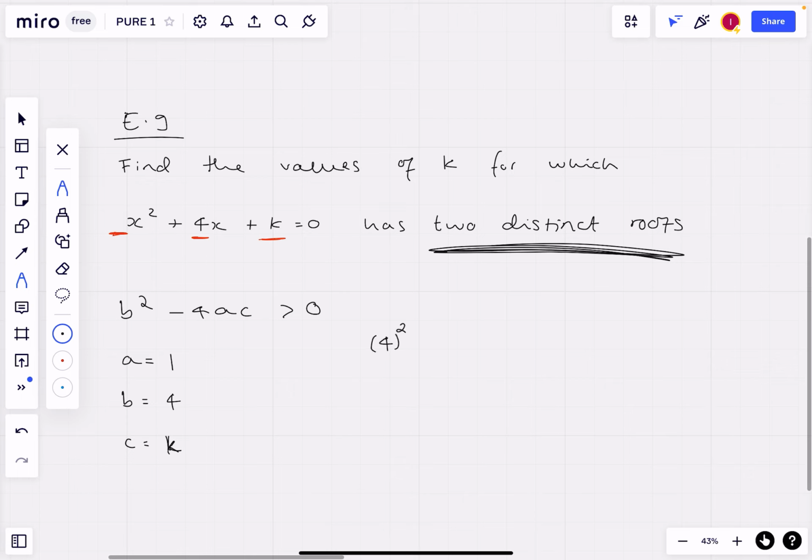So 4 squared minus 4 times 1 times k greater than 0. 16 minus 4k is greater than 0. 16 is greater than 4k. That means k is less than 4, or 4 is greater than k. So the values for which that function has 2 distinct roots is any value of k which is less than 4.